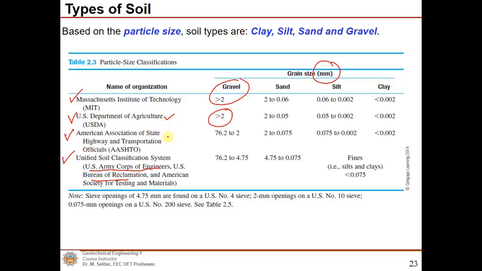For transportation engineering, transportation engineers follow the AASHTO system, and the USCS system is predominantly used by geotechnical engineers, where they say that gravels are those particles having size between 4.75 millimeter and 76.2 millimeters, and the fine particles are those particles having size less than 0.075 millimeter.